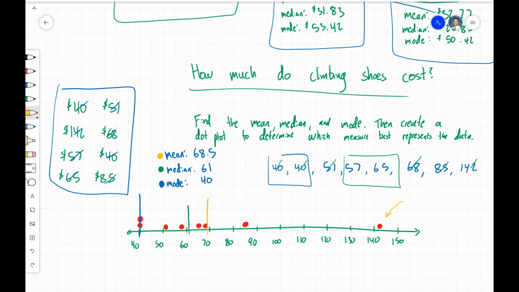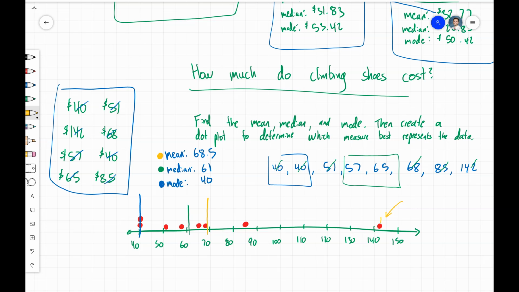So you can see that this outlier is really pulling our mean higher. If we look at the median, there are 4 shoes that cost more and 4 shoes that cost less. And you can see it's really kind of grouped closer to where the majority of our shoes are. If we ignore this outlier here, you can see that most of our shoes are in this range, and that median is right there in the middle of it.